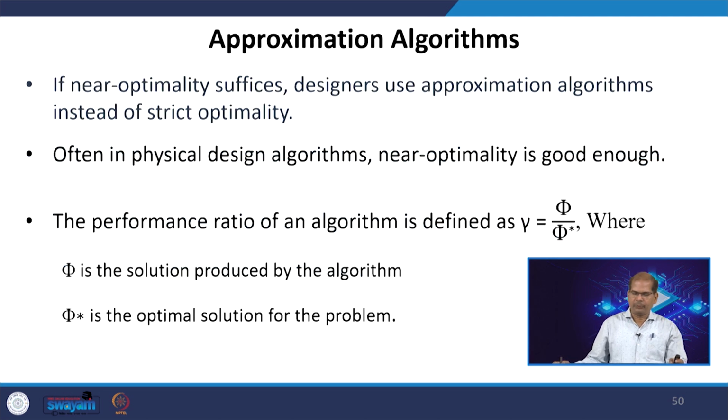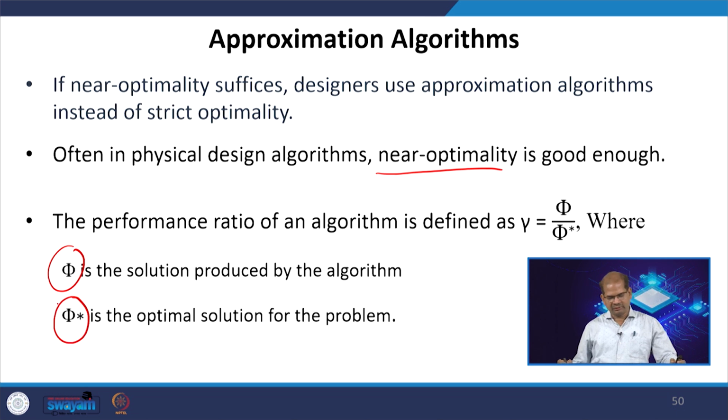Then we have approximation algorithms. This is very interesting. Actually solving a problem optimally may take a very long time, and if we follow that method we cannot send the chip for fabrication. So we do not look for the optimal solution, but a near optimal solution that is good enough for the VLSI physical design problem. In that case, we have phi and phi star.